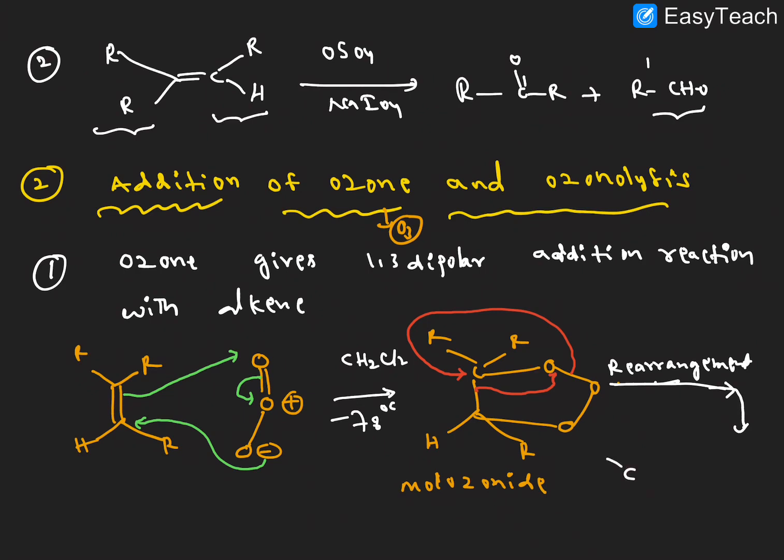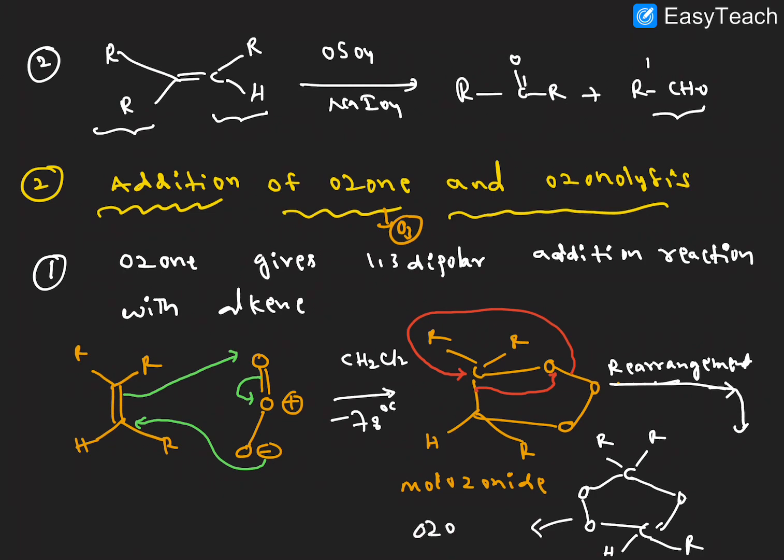The first carbon has the 2 R groups, right? Here the C-C bond is breaking, and then the C-O and C are forming. This has one hydrogen, one alkyl group, and here 2 O-O groups, right? So this is the ozonide.